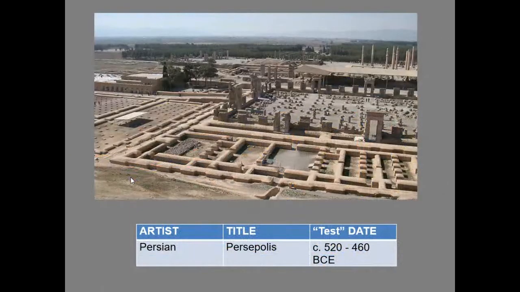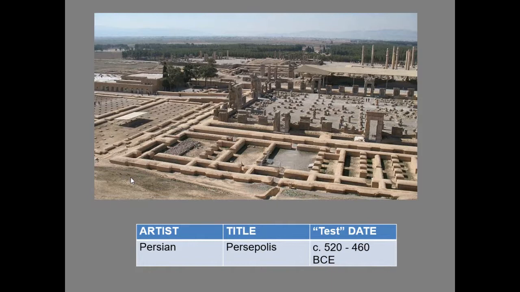When we turned our attention to the Persian culture, we actually looked at two different flowerings of Persian culture in ancient Mesopotamia, and arguably the Persian Empire became the largest empire the world had ever seen up to this point.